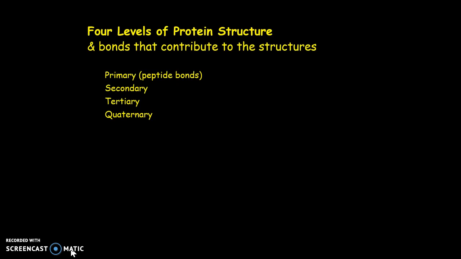The secondary structure is going to be hydrogen bonds, and hydrogen bonds specifically within the backbone of the peptide chain, or the amino acid chain. The polypeptide chain is sometimes what we call it.